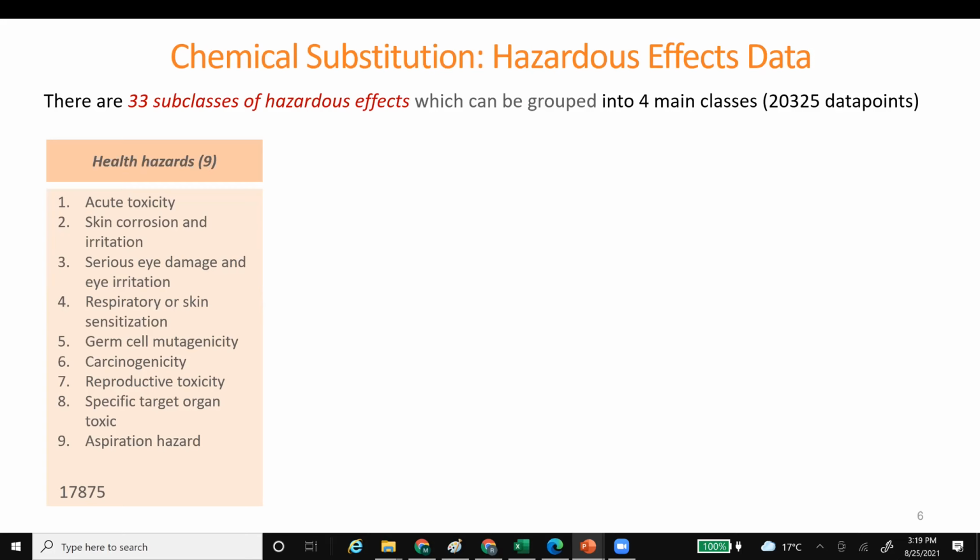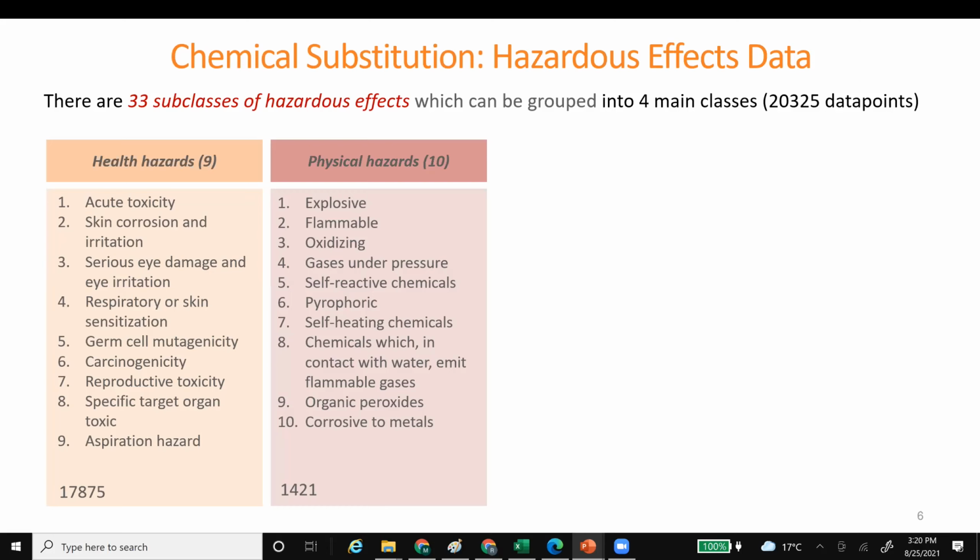The number you see, 20,325, is the number of chemicals for which these different hazard effects have been reported. First is the health hazard, and there are 9 types of subclasses, and the number at the bottom, 17,875, is the number of chemicals for which we have some health hazard data.